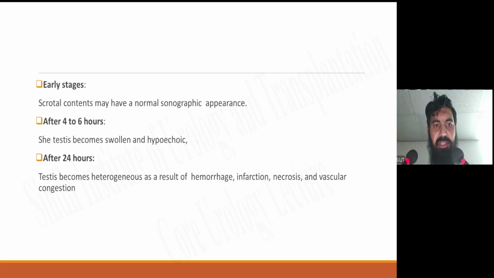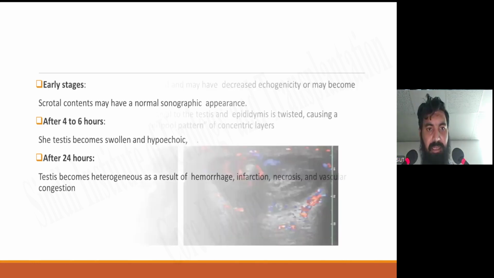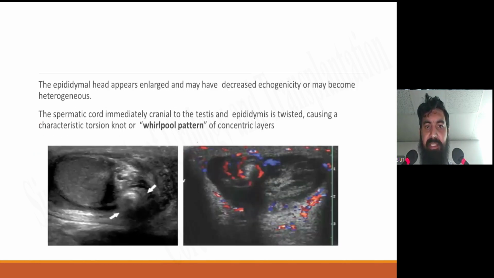After 4 to 6 hours, the testis becomes swollen and hypoechoic, and after 24 hours, the testis becomes heterogeneous as a result of hemorrhage, infarction, necrosis, and vascular congestion. The epididymal head appears enlarged and may have decreased echogenicity and may become heterogeneous.